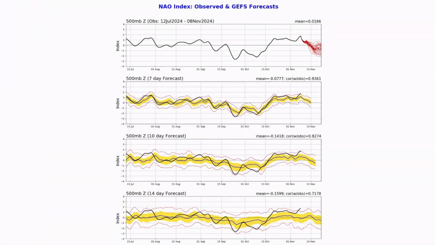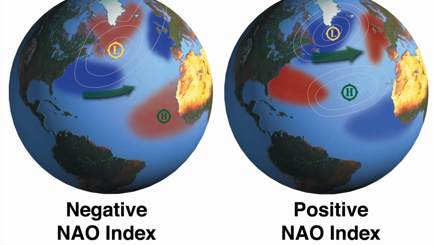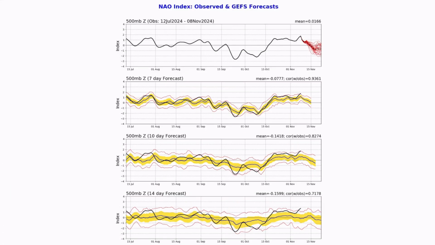Alright, we're going to get right into it here, starting off with some teleconnections. This is the North Atlantic Oscillation, basically just telling us what patterns we could see across the United States, because typically speaking, across the central and especially eastern United States, when we get in a negative phase of the North Atlantic Oscillation, we can see that here, this downtrend, and when that happens, we can see some colder air come in.